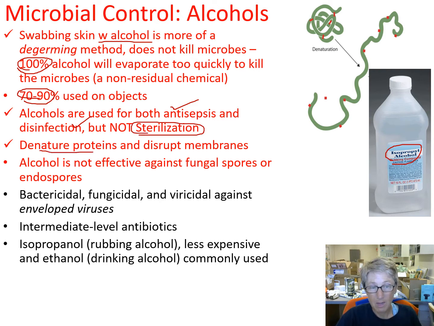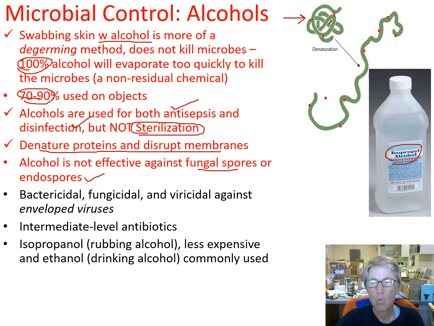Alcohols will denature proteins and disrupt membranes, just like the phenols will. But alcohol is not effective against fungal spores, and alcohol is not effective against endospores. And this is a cartoon up here of denaturation. So let's say this green thing here is an enzyme, and it's made of protein.